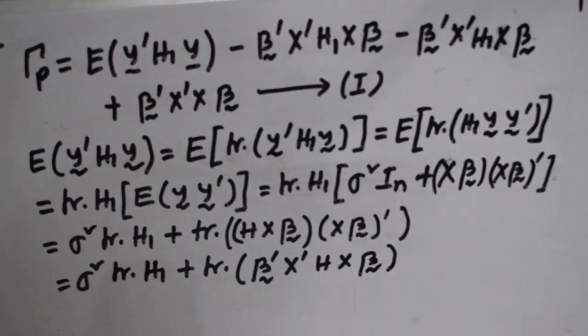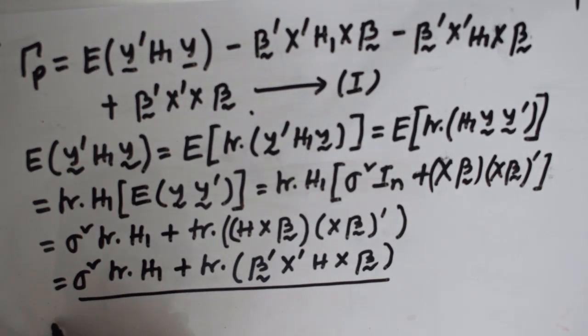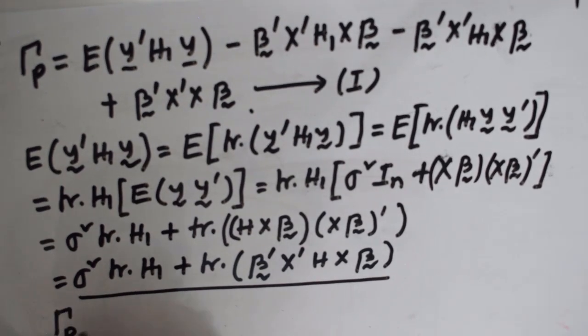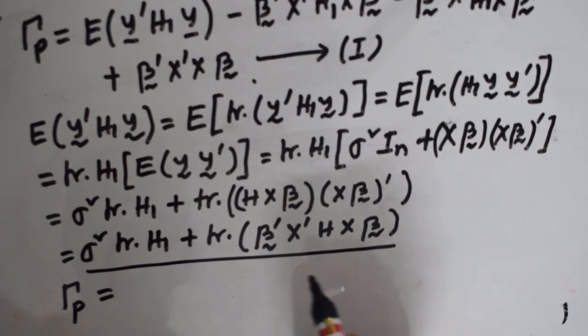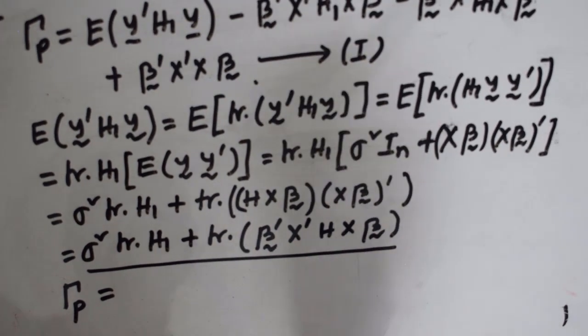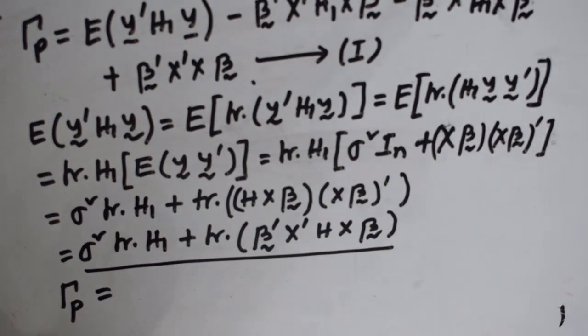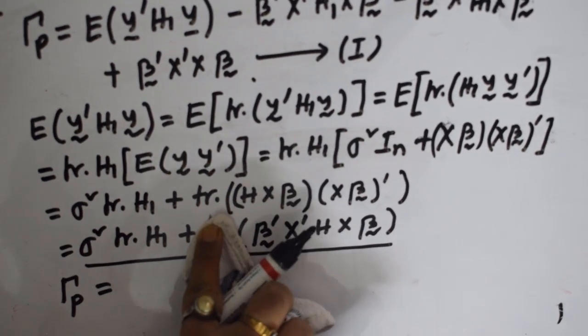So if we put this value in 1, then we get gamma p equal to, again I want to mention that this is a scalar form, so trace of this is nothing but simply this.